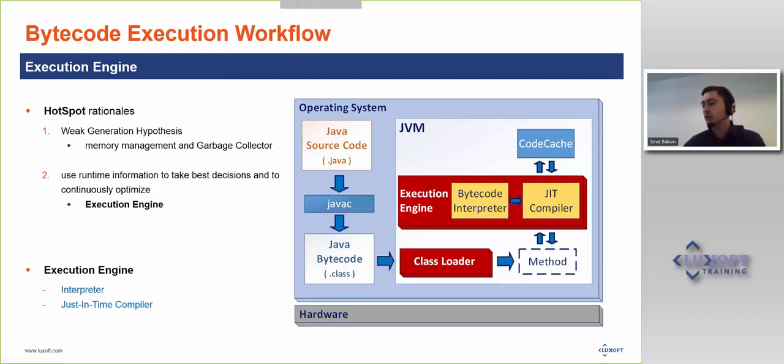We discussed in the previous slides about the structure of the bytecode, how the bytecode looks like, but how is it in fact handled by the JVM during the runtime. Initially, we have a class loader that loads that bytecode, and once a method is being invoked, we have in the execution engine the bytecode interpreter and the just-in-time compiler.